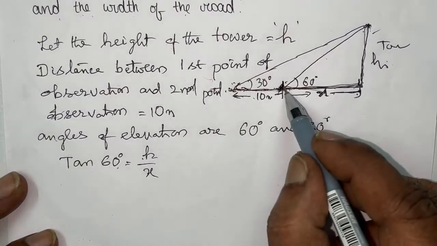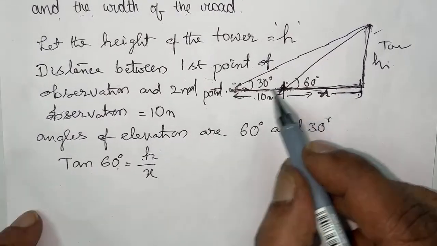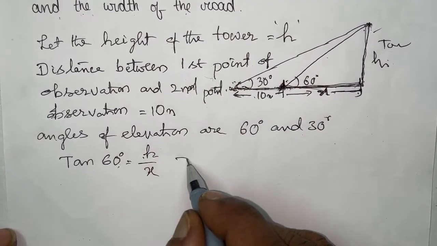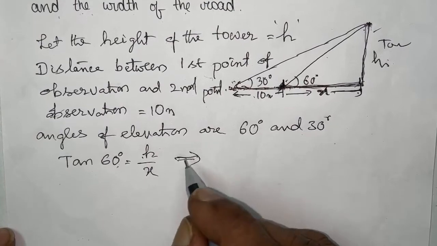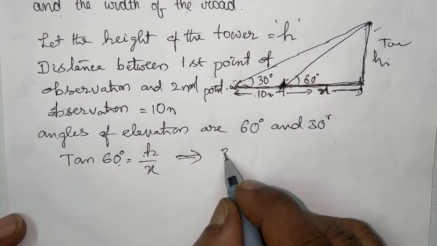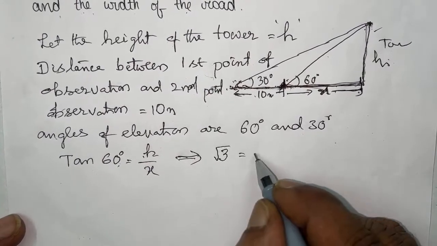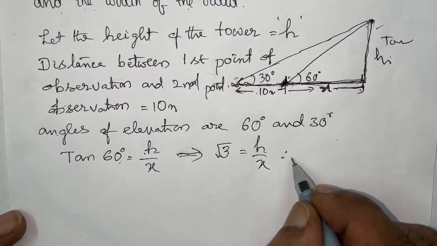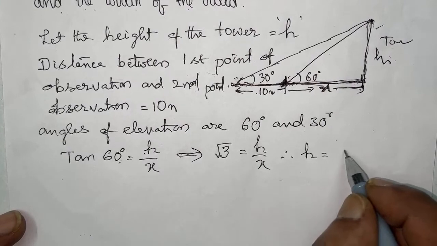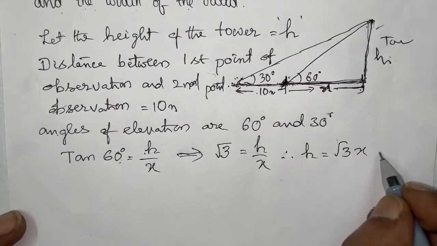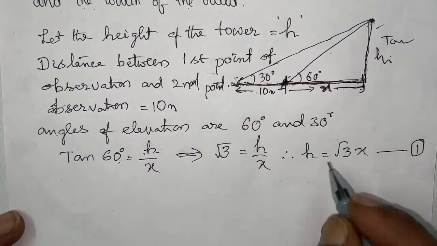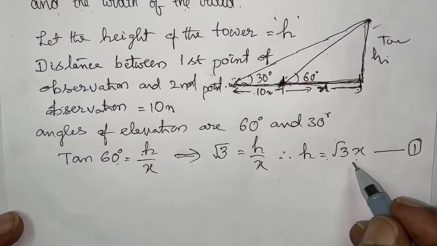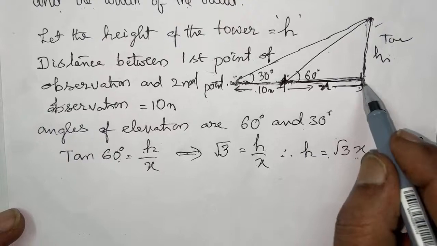The angle of observation at the first point is 60 degrees, and you already know the value of tan 60 is root 3. Finally we want h as the subject, so h = root 3 x. This is equation 1. That means we got the height of the tower as root 3 x, but it is not the correct value yet. We have to find the value of x here.